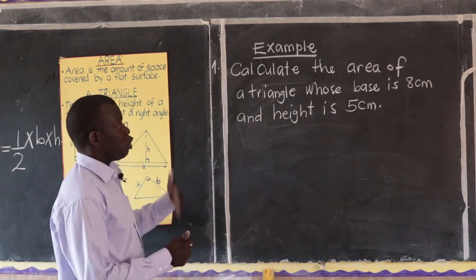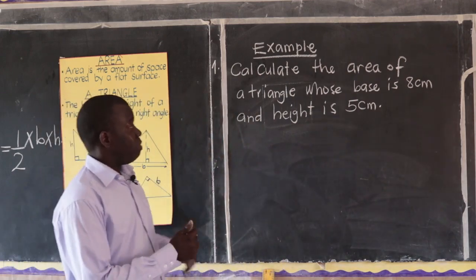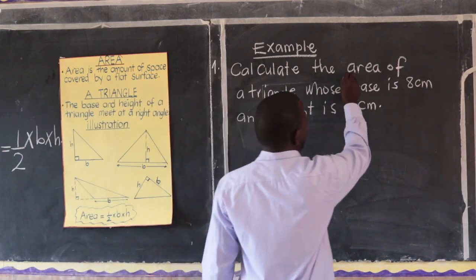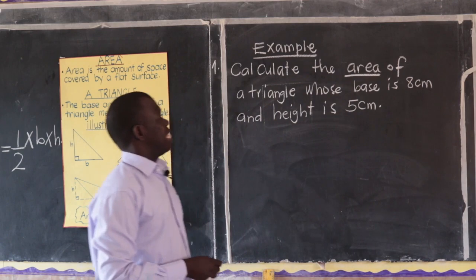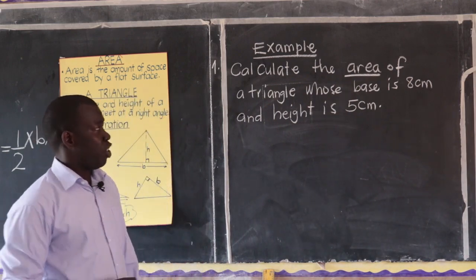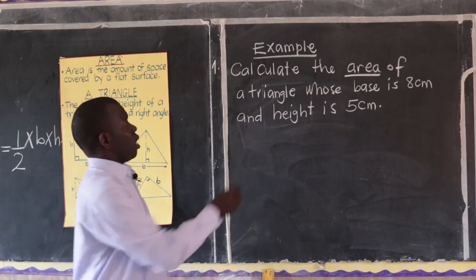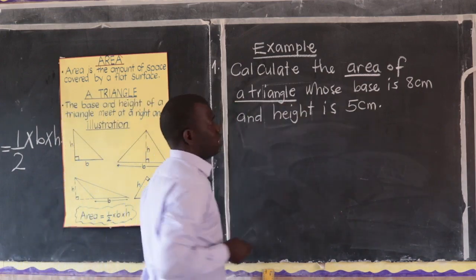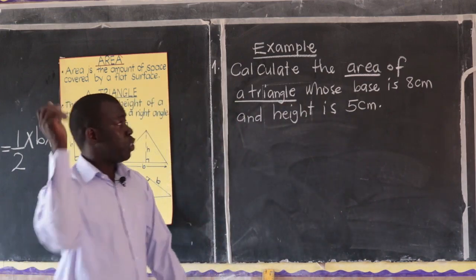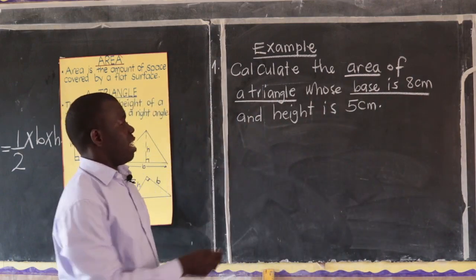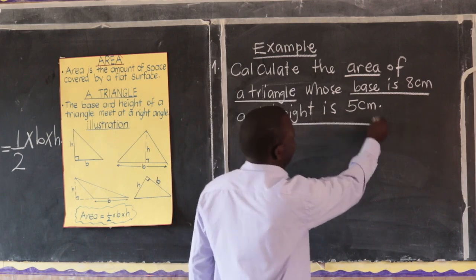When you are asked to find, of course, you always have to identify the keywords. Here the question is asking you to find the area of a triangle whose base is and the height is.